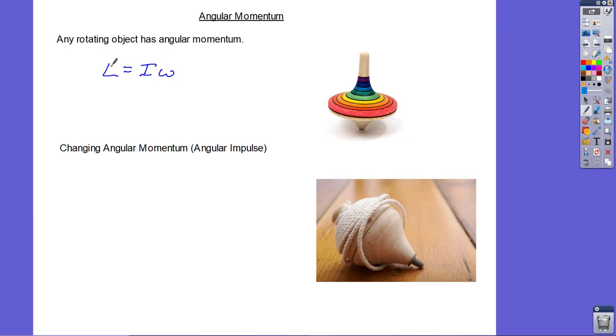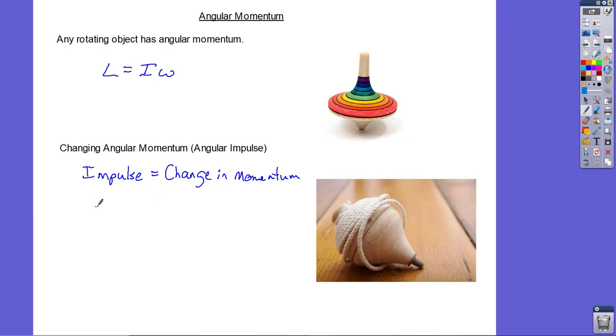So remember that impulse equals change in momentum. And so that's where they get it. Impulse is force times time in the linear sense.